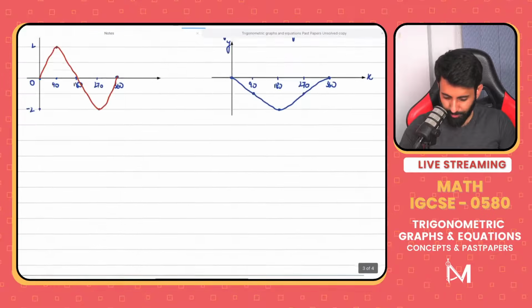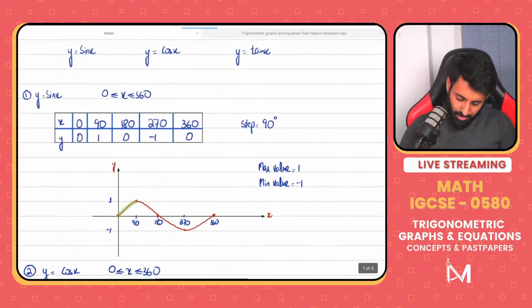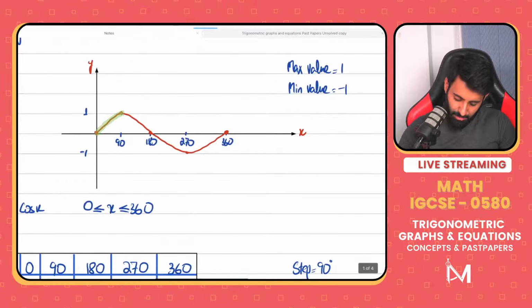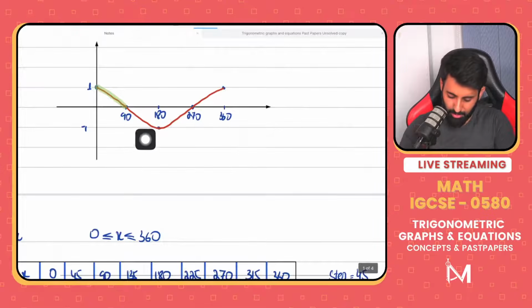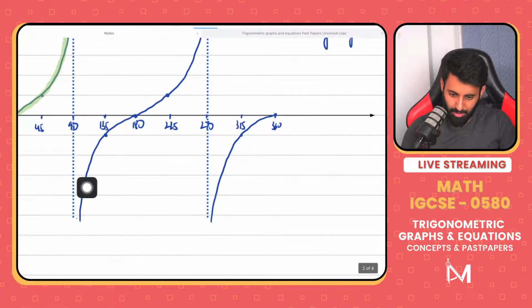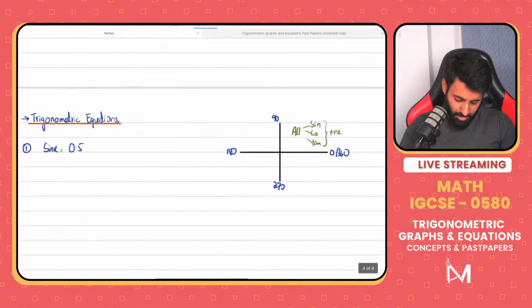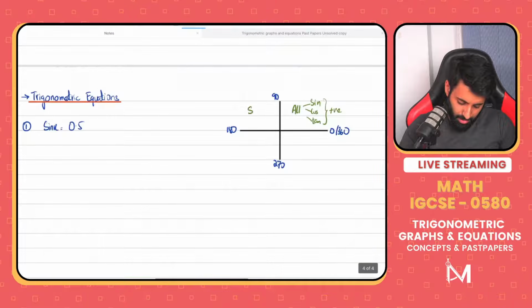You will notice that it's only sine that is positive from 90 to 180. Cos is negative. Tan from 90 to 180, since it's below the x-axis, is also negative. So in the second quadrant, it's only sine that's positive.